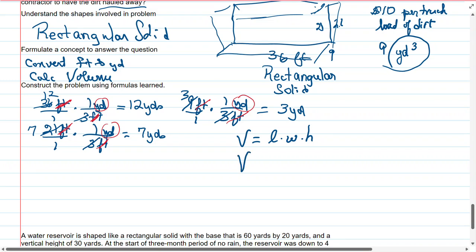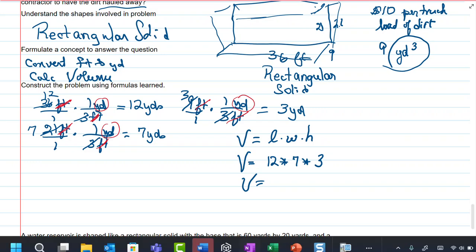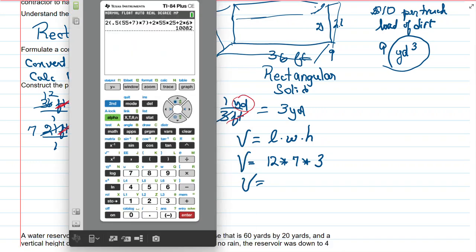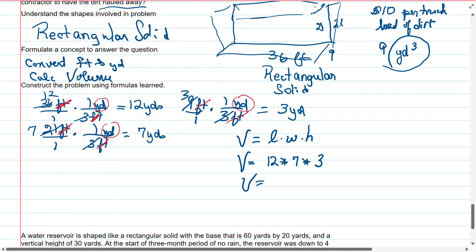All right, so now we're talking about one last problem for this lesson. And this is a water reserve shaped like a rectangular solid. Again, we've got a base with 60 yards, 20 yards, and a vertical height of 30 yards.